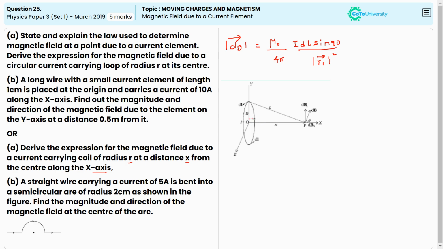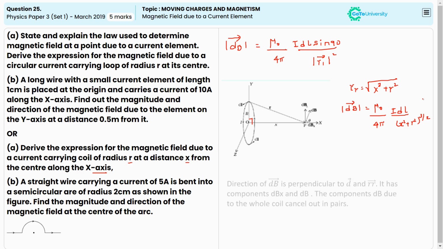Then we can write this as r is equal to the square root of x square plus r square. Then dB is equal to mu naught divided by 4 pi into I dl upon x square plus r square to the power of 3 by 2.